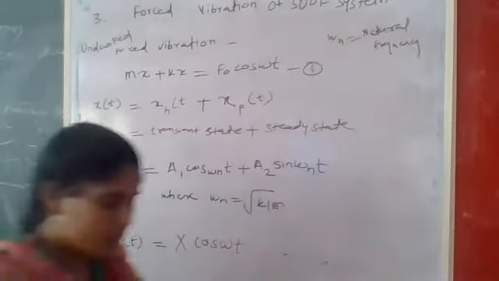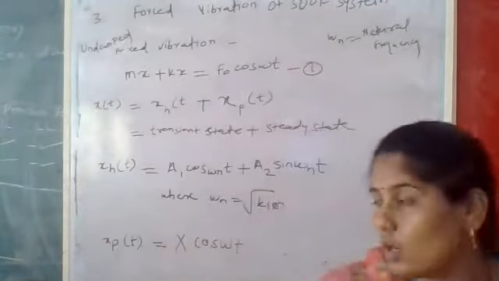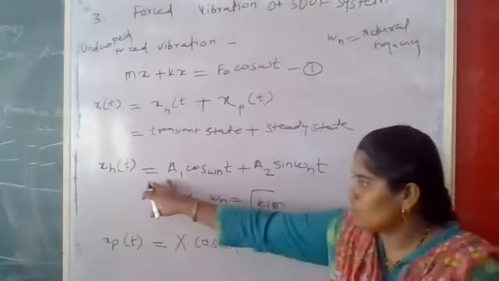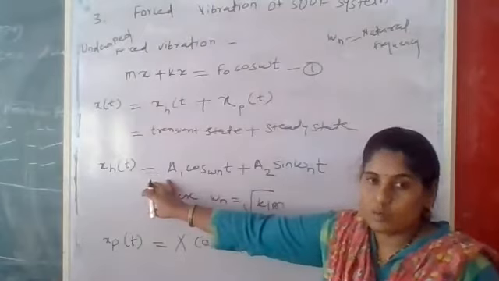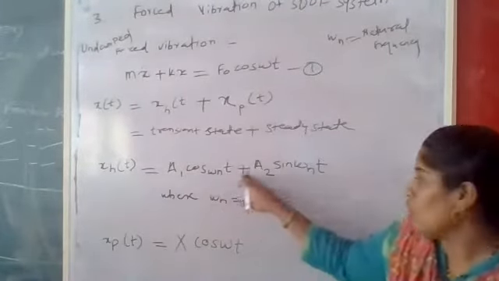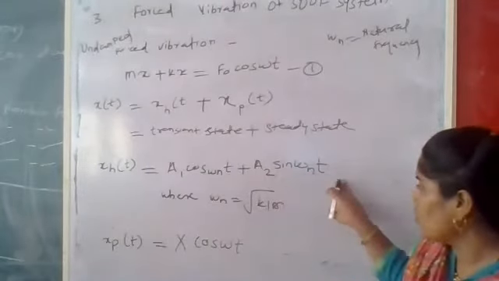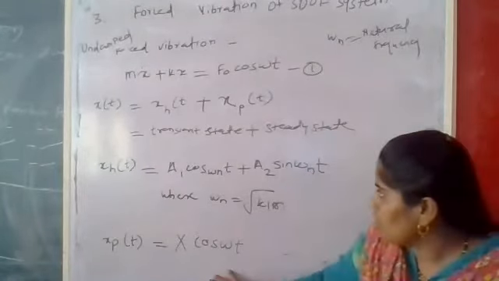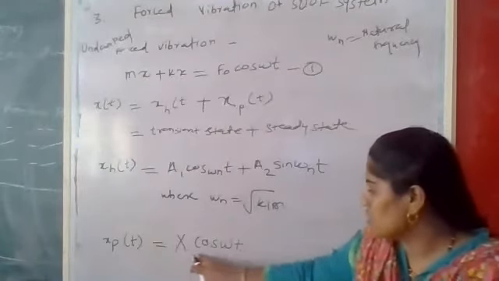So all of you write this down. You can solve this for two cases. For xh of t, the homogeneous part, xh of t is equal to a1 into cos omega n t plus a2 into sin omega n t, and for the particular integral, it is X into cos of omega t.